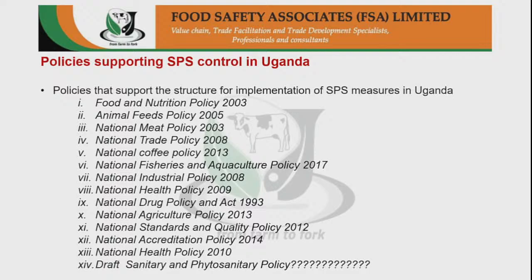Even the mandate that agriculture was complaining of not having, I was there during the Regional Food Safety Codex Committee at Protea Hotel in Entebbe. The minister handed it over to MAIF: now, MAIF, you have all the authority and mandate, please deliver. So those are our policies.